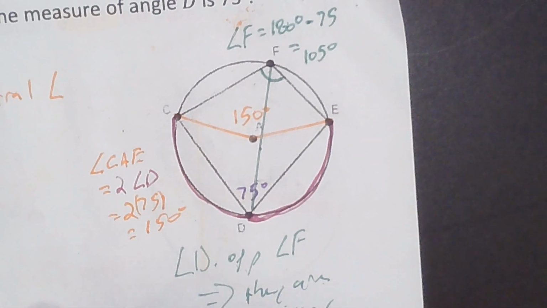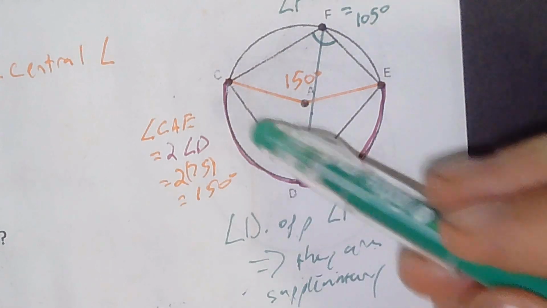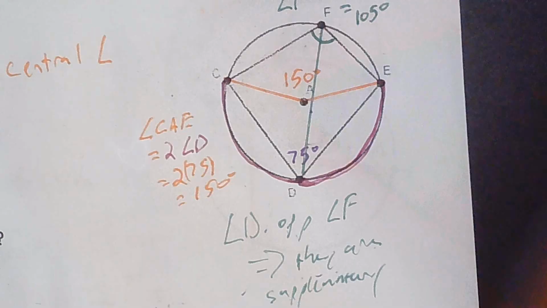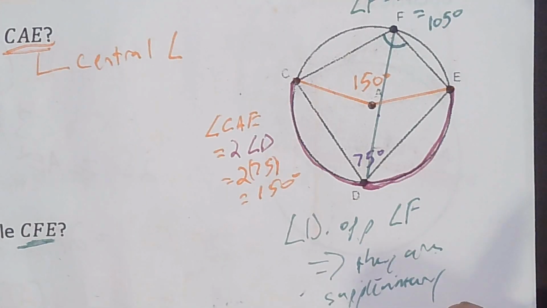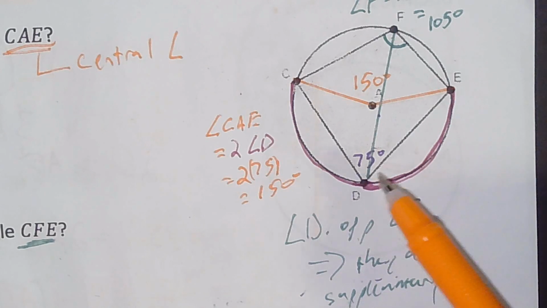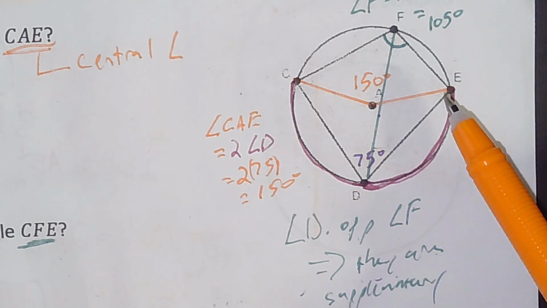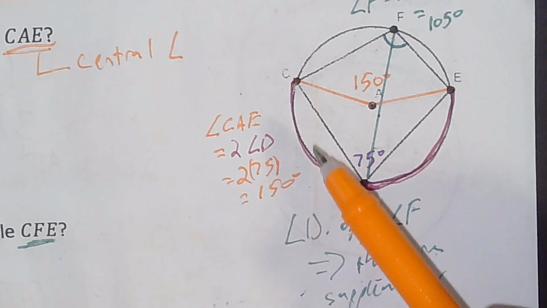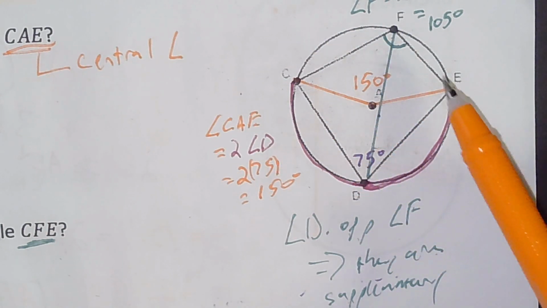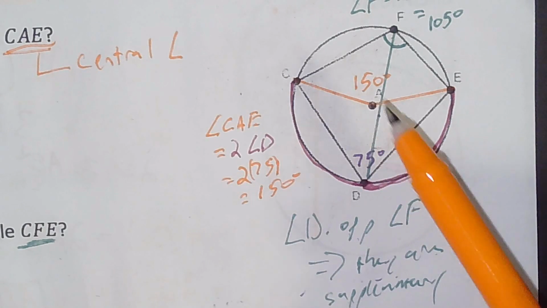Okay, so what about the arc measure of CDE? This arc measure is not half of the circle, but it's the portion of the circle that's not encompassed by the other portion opposite of 150.